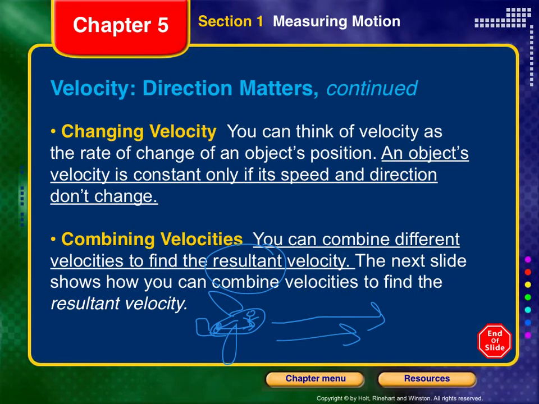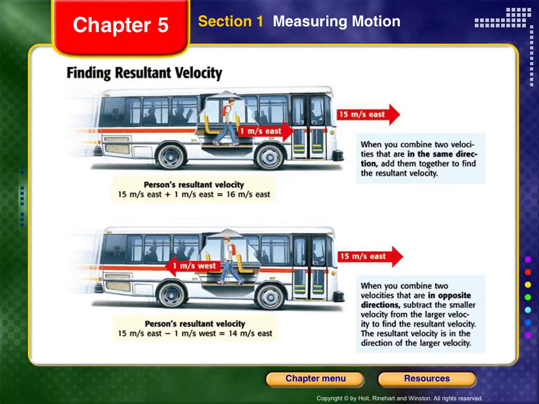Here's a much better picture of this example. Let's call him Patrick Larkin. Patrick is on his bus heading to school, and he's walking 1 meter per second east on the bus. Patrick is walking this speed here. The bus is going this speed.